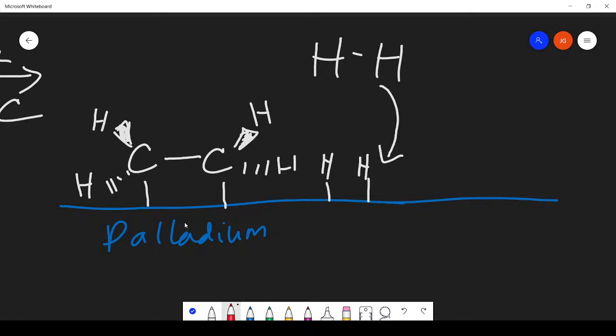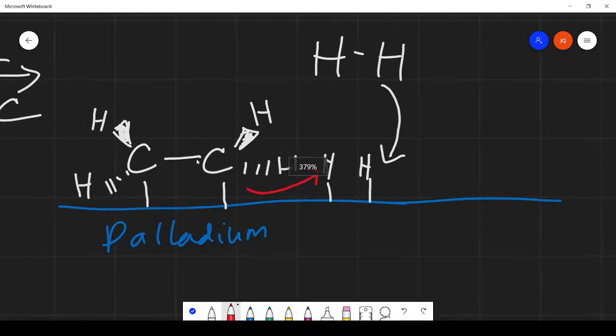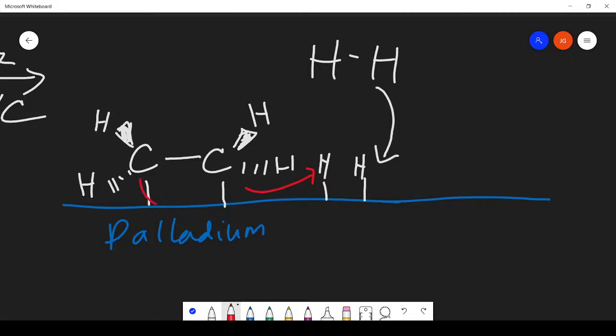Now we can have the attack from this pi bond to the hydrogen once it's bonded to the palladium. And this will happen twice, once on this side, once on the other side, once that becomes electrophilic. And then you're going to end up with your end product.